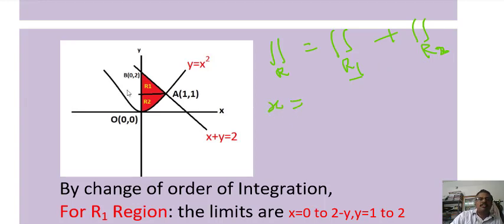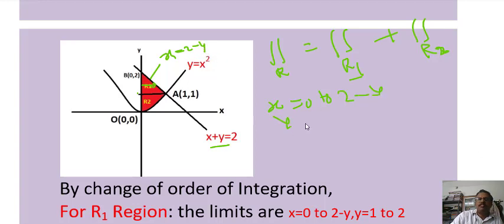First the x limits along the x-axis. Here the starting point is x equals 0 to, from this curve, x equals 2 minus y.